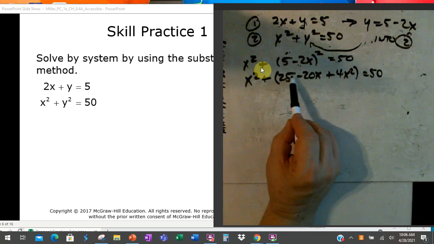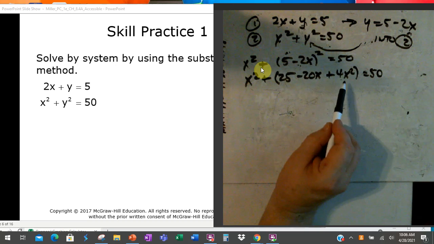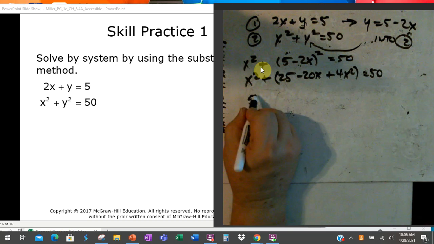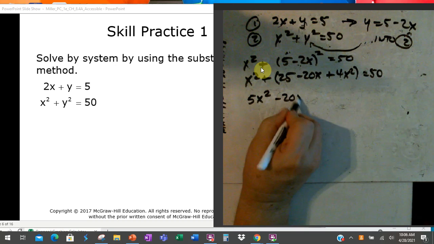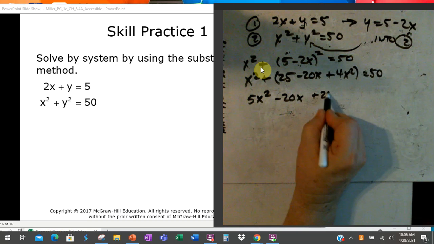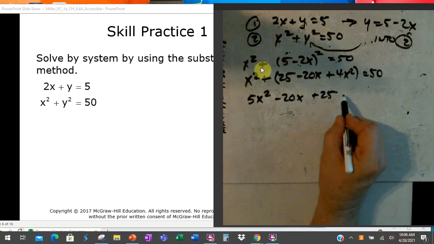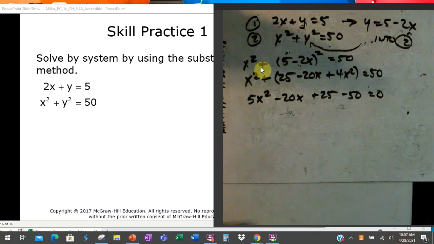Plus, so I get to drop these because of the plus, I don't have to change signs. And then I'm going to group, this would be 5x squared minus 20x, I still have that, plus 25 is equal to 50, but then I'm going to subtract 50 from both sides, and that gives me 0.